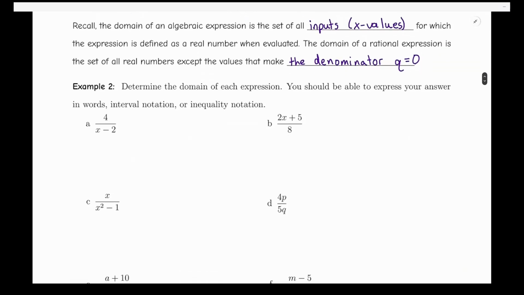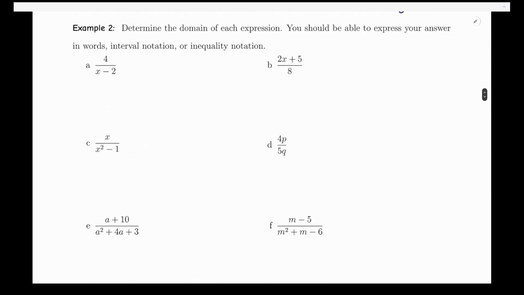Example 2. Determine the domain of each expression. You should be able to express your answer in words, interval notation, and inequality notation. So again, we just want to find the domain, and it's when the denominator is not equal to 0. For part A, we have 4 over x minus 2.